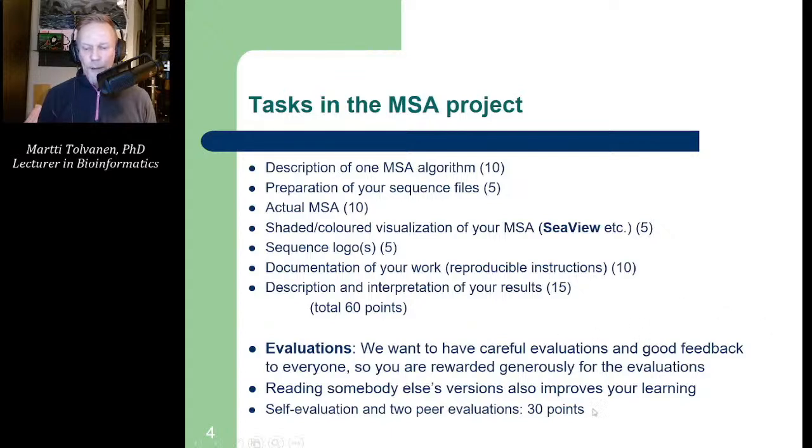And then regarding the evaluations, each evaluation is worth 10 points, so self-evaluation plus 2 other students. And this is certainly quite generous, because reading 2 reports of 3 or 4 pages each is not going to take you as long as doing half of the project. But we really want you to do it because it's a good way of enforcing your learning.